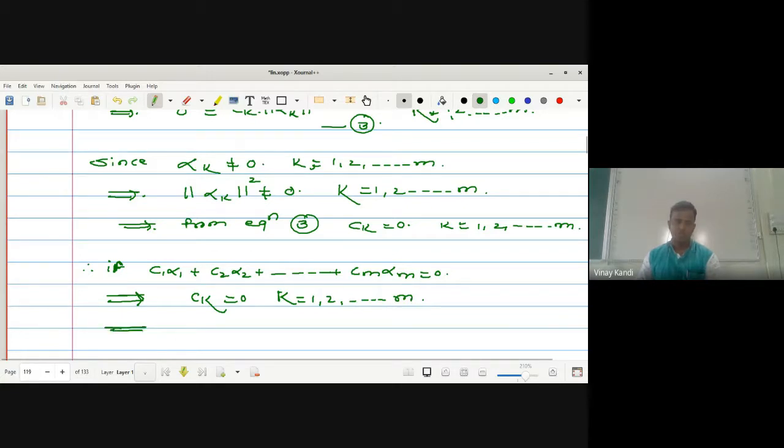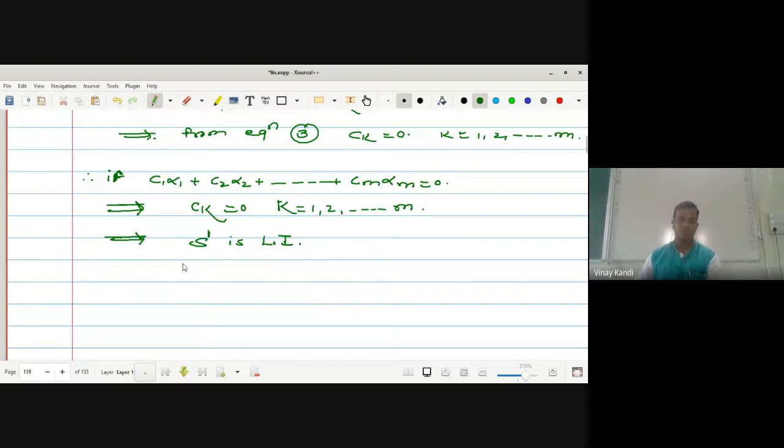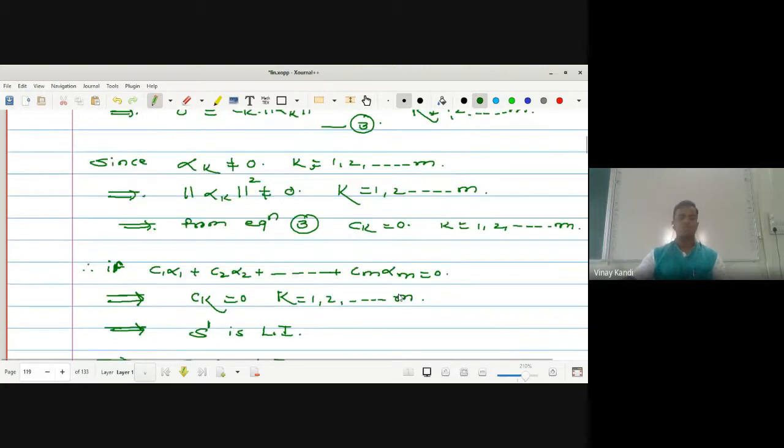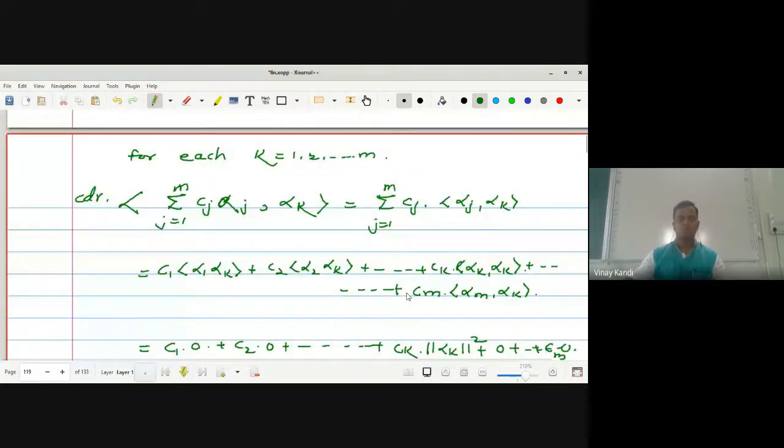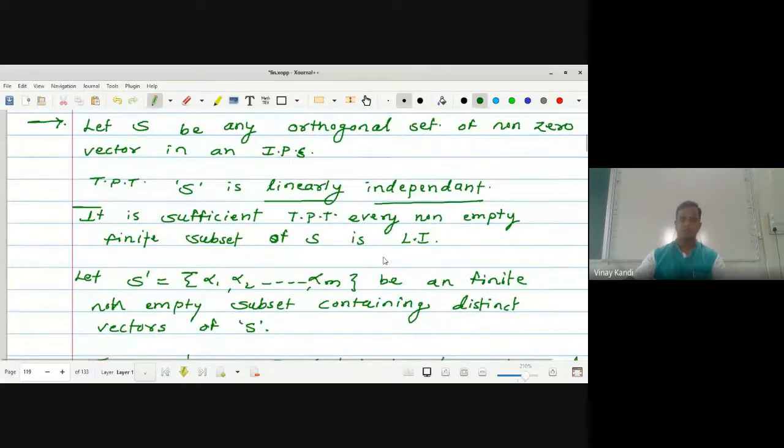So that implies S dash is linearly independent. S dash is an arbitrary set, so that implies S is linearly independent. Hence the proof.